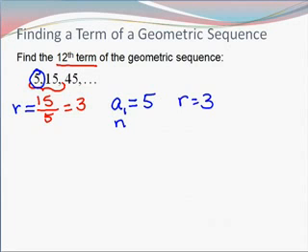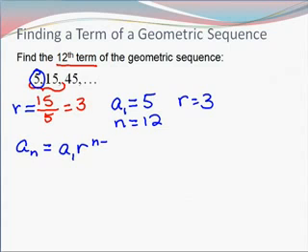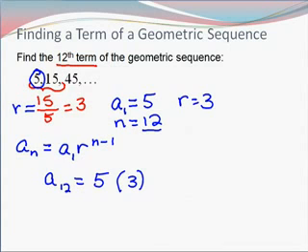N is 12. And our formula from the last slide, a sub n is equal to a1 r to the n minus 1 power. So let's plug in what we know. A12 is going to equal 5 times 3 to the n minus 1 power, which is 11.